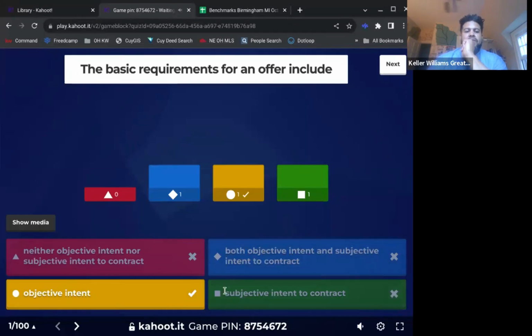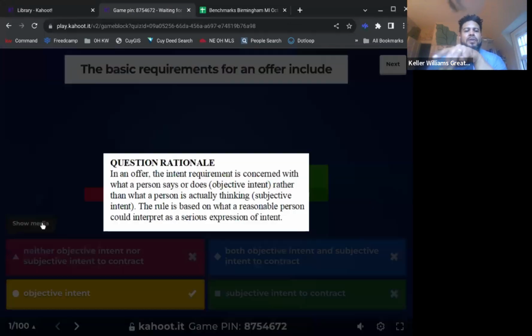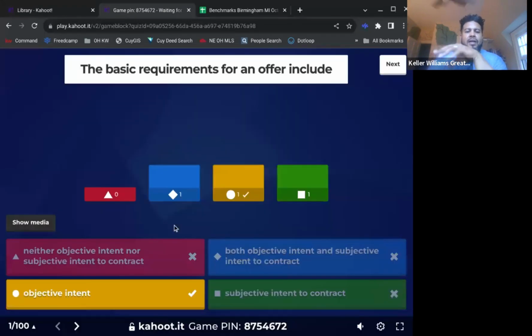So yeah, objective intent is the right answer. Remember, subjective intent is what a person is thinking, not the actual objective. So subjective is thought intent. So anything that says subjective intent is not part of an offer, is not part of a basic requirement.